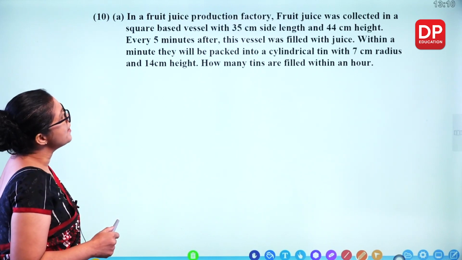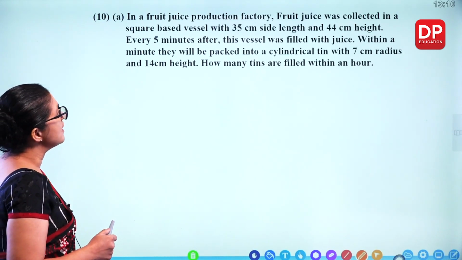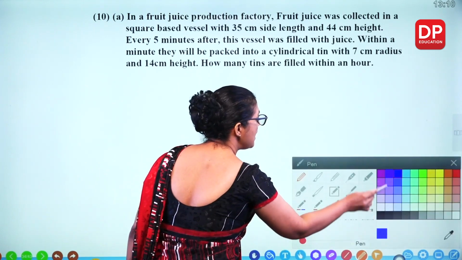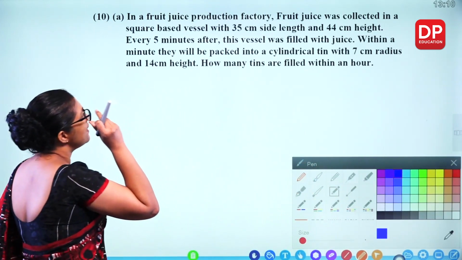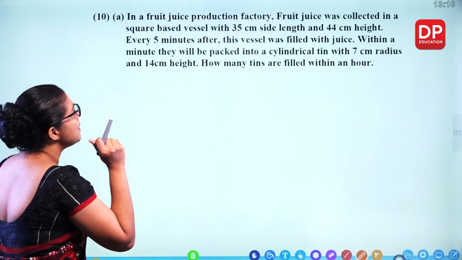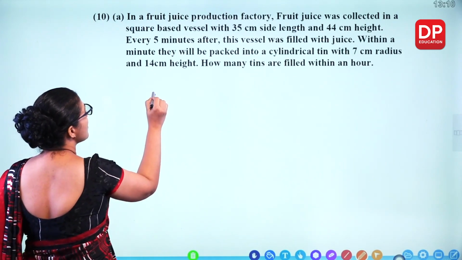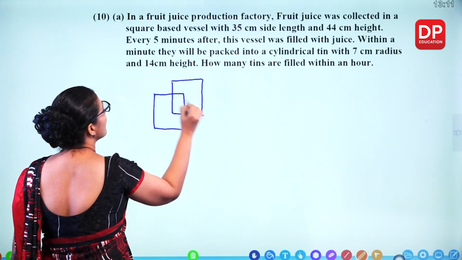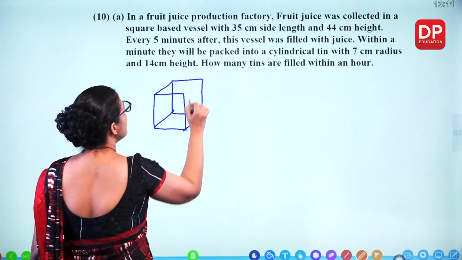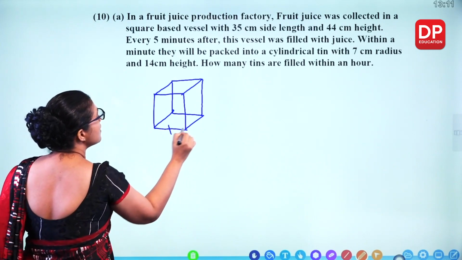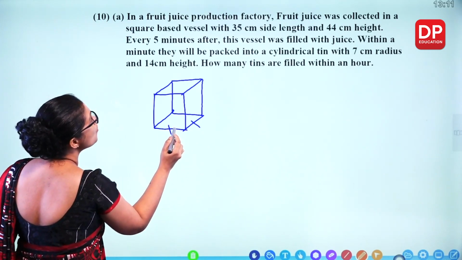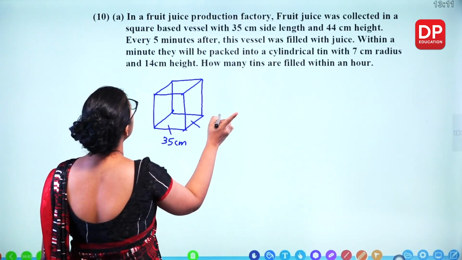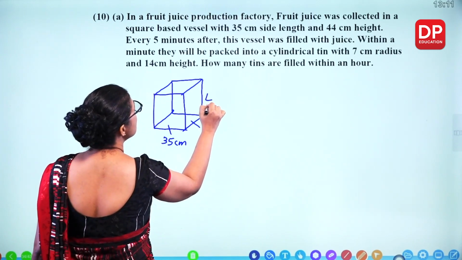In a fruit juice production factory, fruit juice was collected in a square-based vessel with 35 centimeter side length and 44 centimeter height. Something like this. A cuboid shaped vessel, but the base is a square, so 35 centimeters, and the height is 44 centimeters.